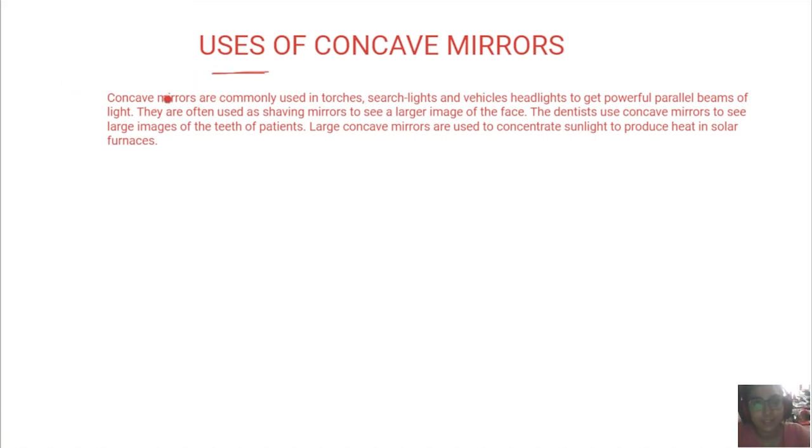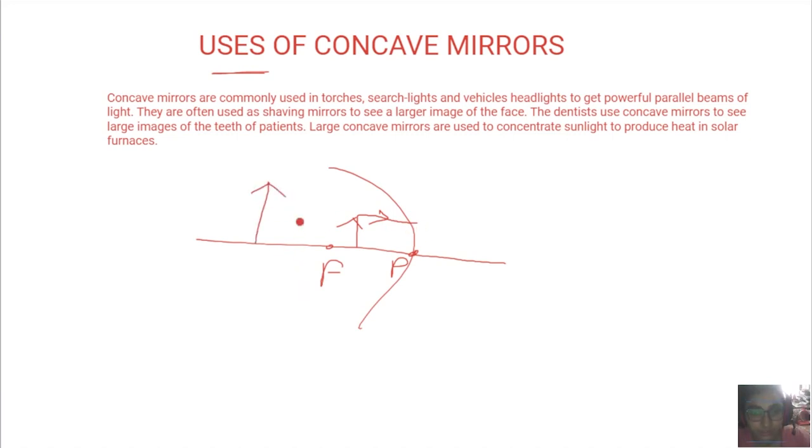Okay, so basically a real image cannot be seen, right? You have to take it down on a paper, which is a cumbersome process. So we do not use those applications. The property of concave mirrors that is mostly used is the fact that when an object is kept between the pole and the focus, this is the object, these are the rays, we get an enlarged virtual image, sorry.